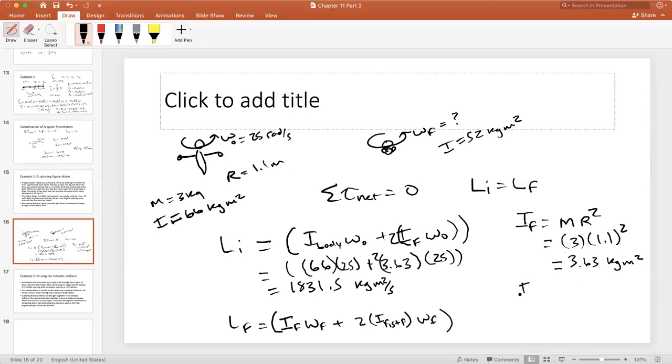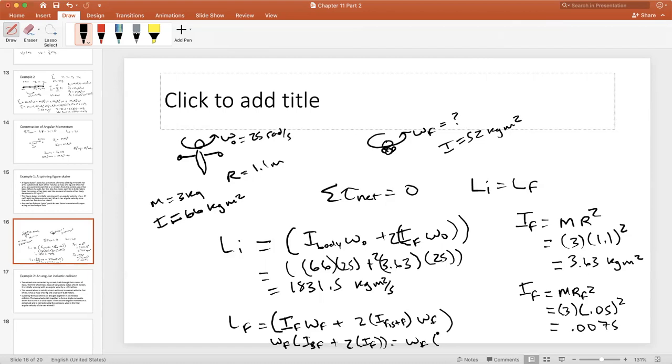And I final of her fists are now going to be M R final squared, which is 3 times 0.05 squared, which is 3 times 0.05 times 0.05, which is 0.0075. So if I pull the omega final out, I get I of her body final plus 2 times the I of her fists, times omega final.